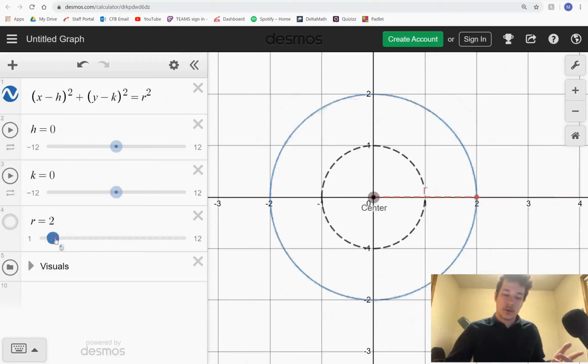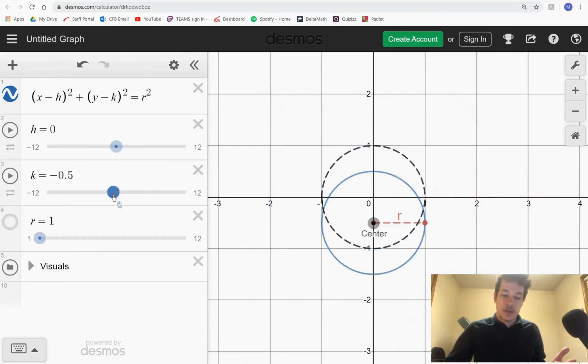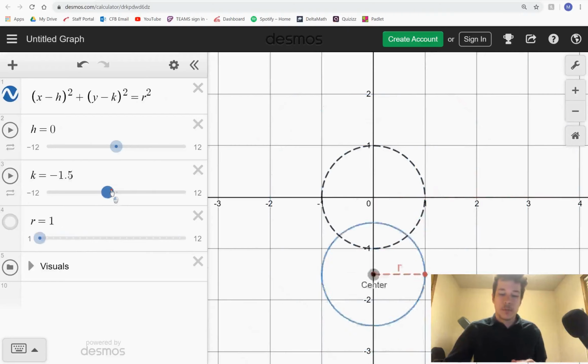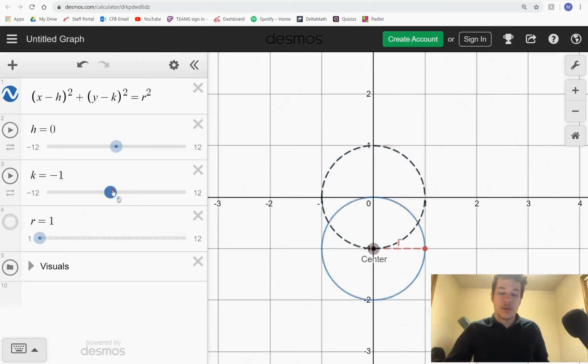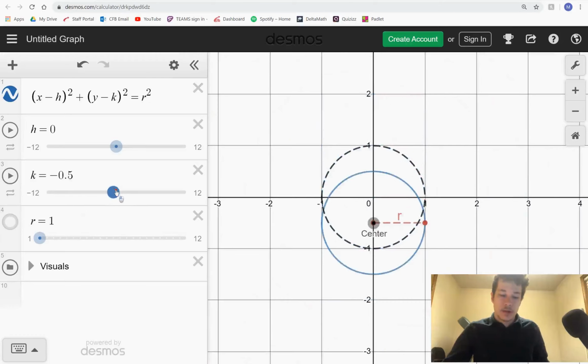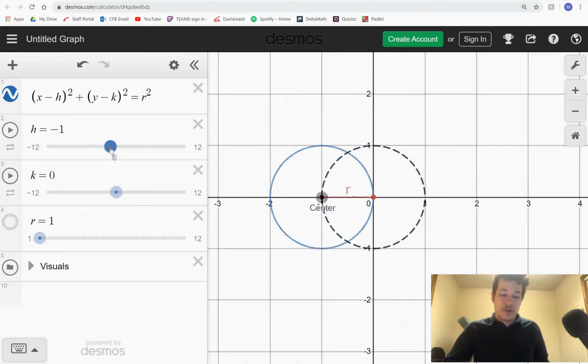You can have a circle of any radius up to 12. You can move k around. Remember, k is tied to that y coordinate. It moves it up and down. Okay. And h is tied to your x coordinate. So if you're unsure what h, k, and r are, you can go to this Desmos graph and plug in different numbers and see if it matches the one on Delta Math.